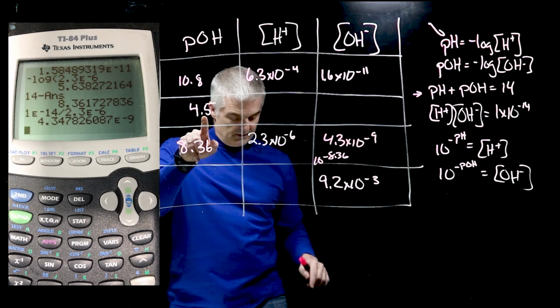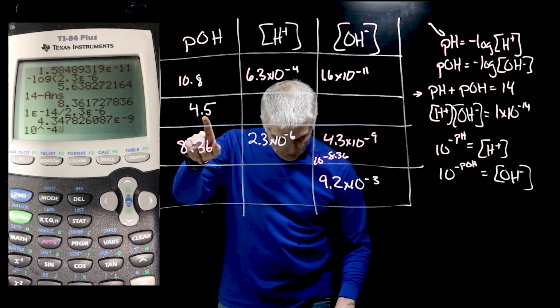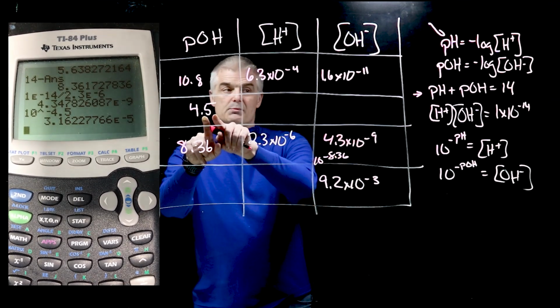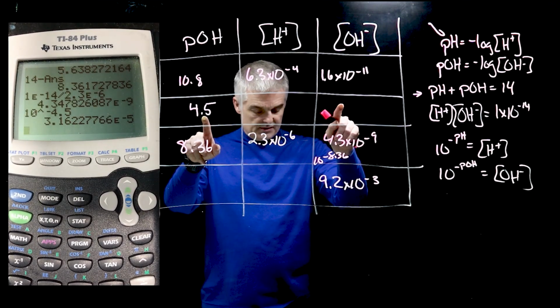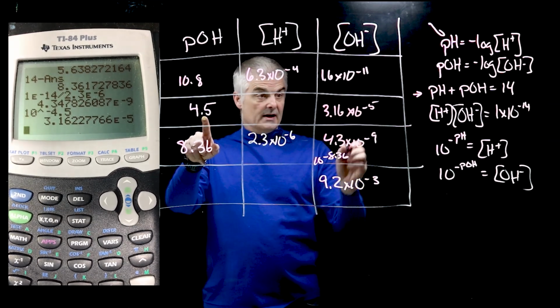Let's jump up to this one right here. If I do 4.5, I'm going to say 10 to the power of negative 4.5. Now that's a POH, so that's going to give me the hydroxide concentration, 3.16 times 10 to the minus 5.